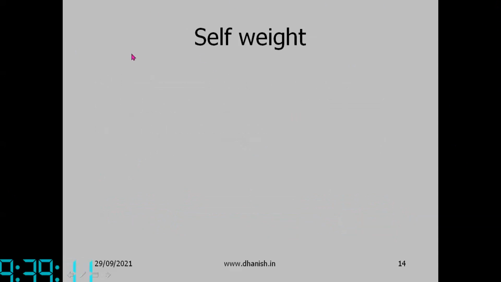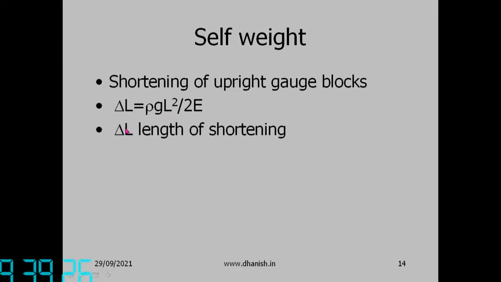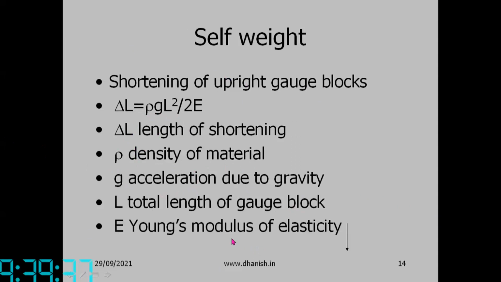Then self-weight can also cause deformation of upright gauge blocks, shortening of upright gauge blocks. So delta L equals rho G L squared by 2E. Delta L is the length of shortening, rho is the density of material, G is the acceleration due to gravity, and L is the total length of the gauge block.